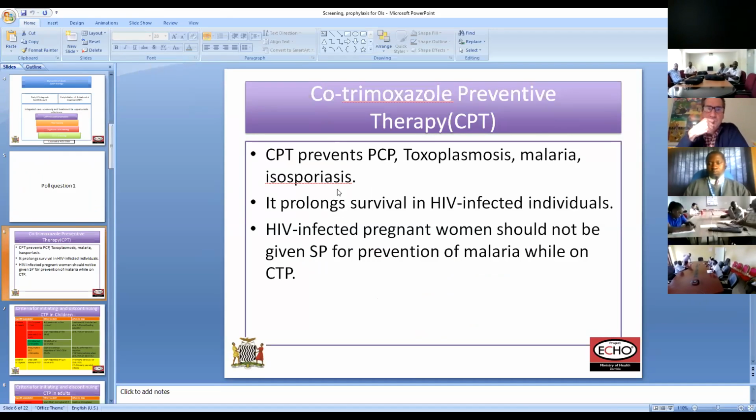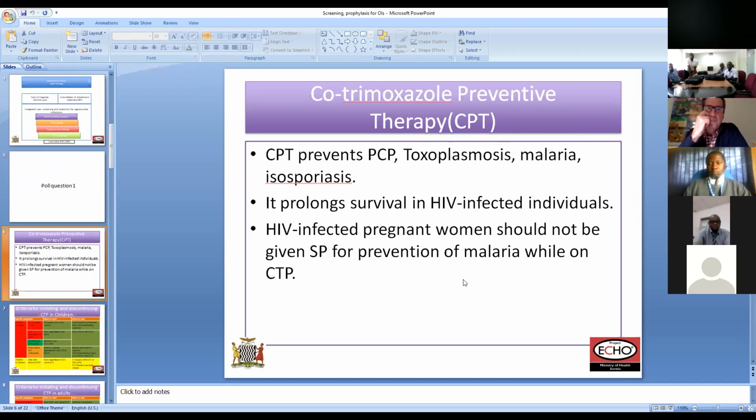We're going to have some polling questions, and we have our first question there. I'd like to encourage all our participants from the spokes: the question is up, so please read the question and respond. We have a multiple choice question there. It's concerning cotrimoxazole.